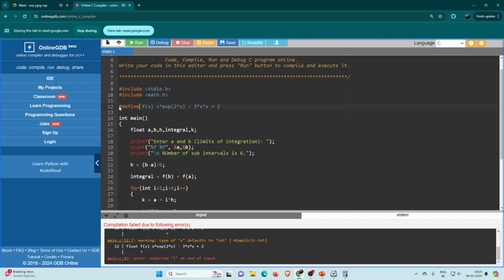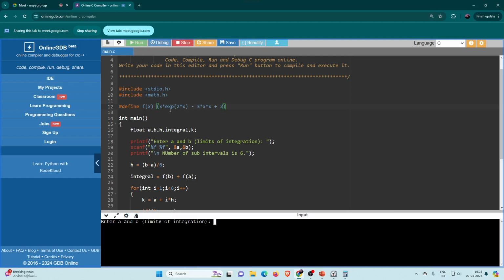I did not do it with hash define, that is my fault. For some reason I defined it like a function float. Limits are 0 and 1.2. So I got 4.7821 and what did I get? Sorry.